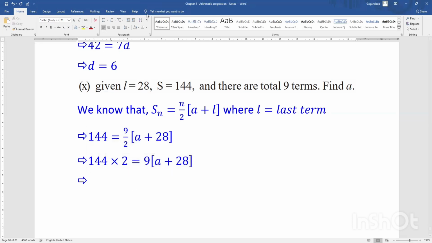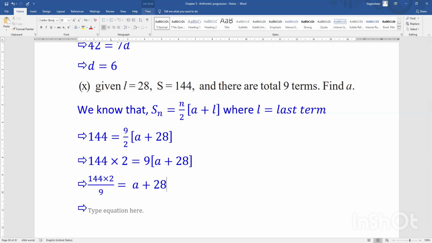So we get 144 by 2, 9 comes down, equals a plus 28. So 9 ones are 9, 9 sixteens are 144. So 16.